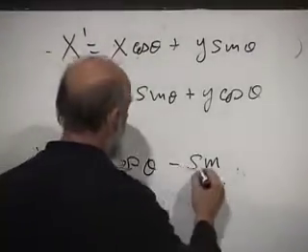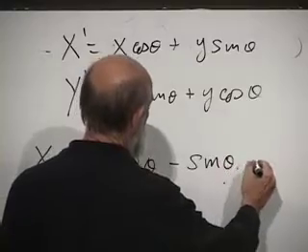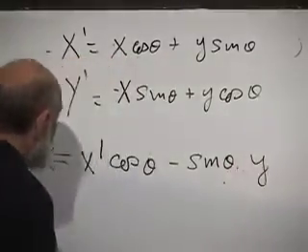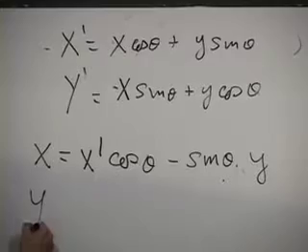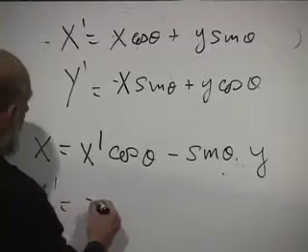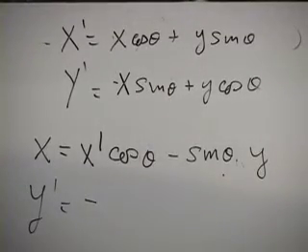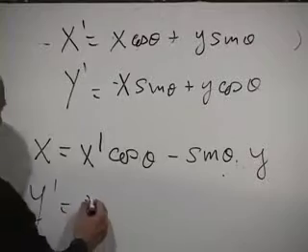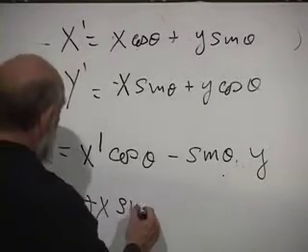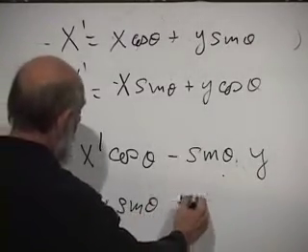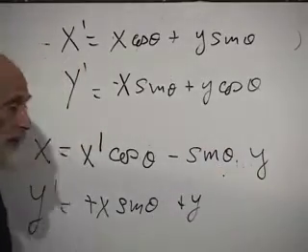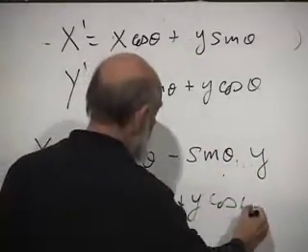Minus sine theta, times y prime. And likewise for y. Y is equal to minus x prime times sine of minus theta, so that becomes plus x prime sine theta, plus y prime cosine of minus theta, which is cosine theta.